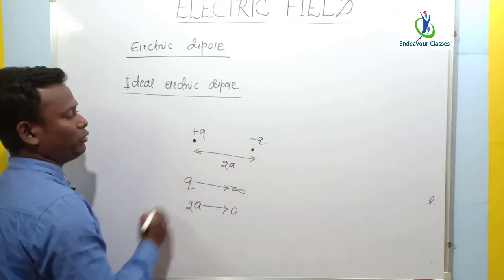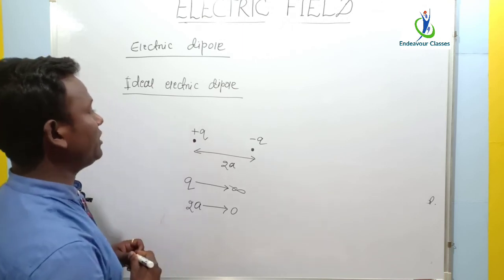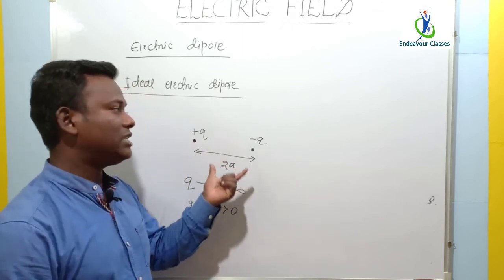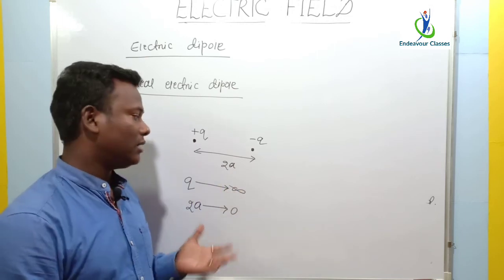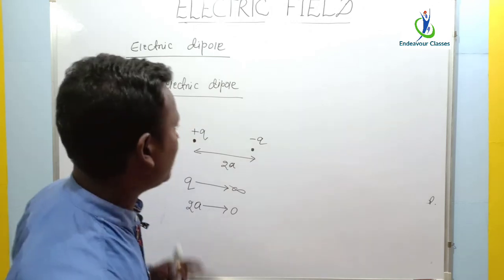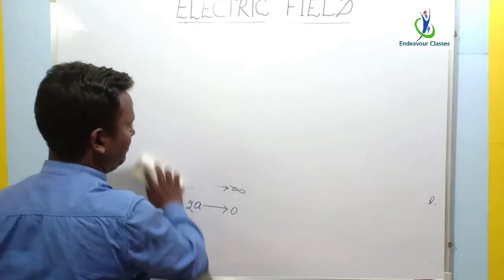So an electric dipole is said to be ideal when the magnitude of each charge increases to infinite and the distance between them reduces to 0.